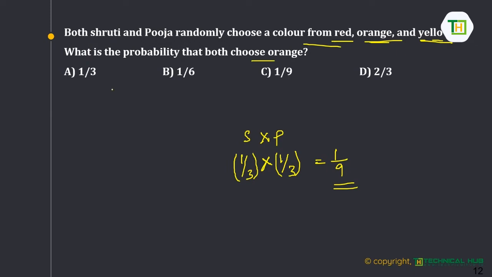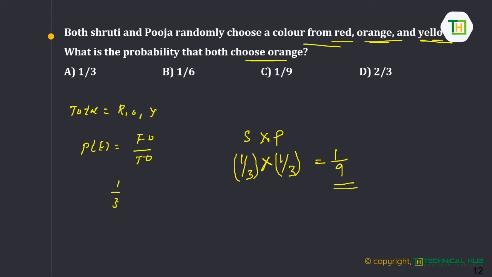So what is there here? Total colors are 3: red, orange, and yellow. You know that the probability of any event is equal to favorable outcomes by total outcomes. Here, what is asked? The probability that both choose orange out of 3 colors. Shruti can select only one color, so how many ways are possible? 1 by 3.